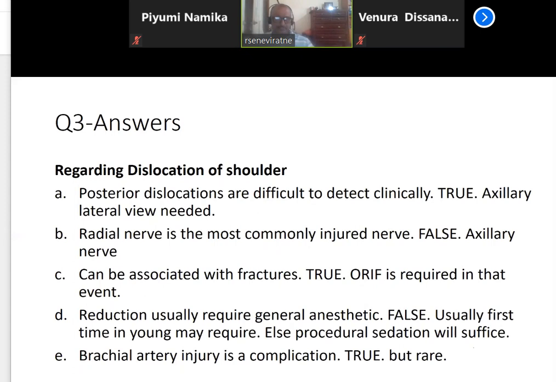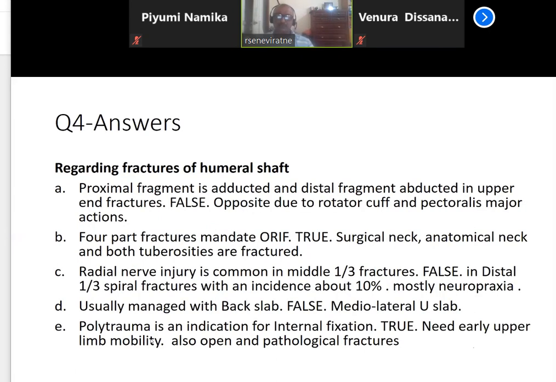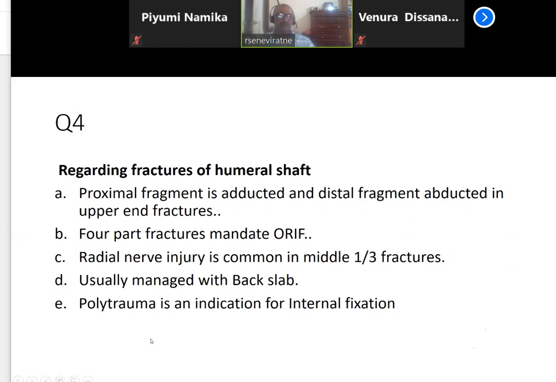We go to the next one. Regarding fractures of humeral shaft. Proximal fragment is adducted and distal fragment is abducted.